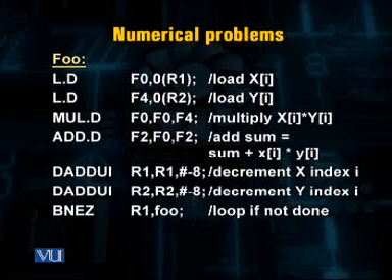Here you can see the loop given below, which is used to find the dot product, assuming that the running sum of F2, which is initially 0, contains a recurrence.